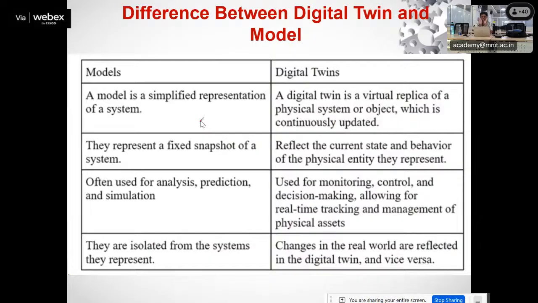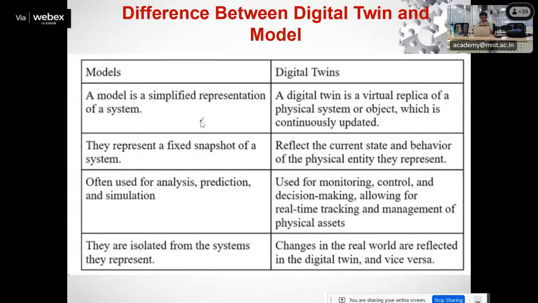Modeling and a digital twin are two different concepts. Modeling is a simplified representation of the system, but a digital twin is a virtual replica of your physical system or object, which you can continuously update.